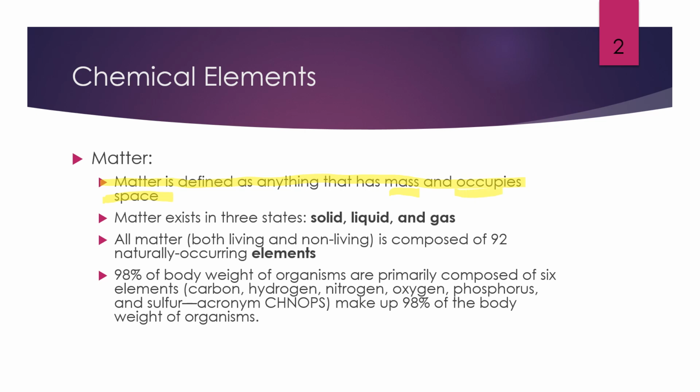All matter can exist in three different states: solid, liquid, and gas. And usually we refer mostly to the state they are at normal body temperatures or living temperatures. So for example, water is a liquid. If you heat it up and boil it, it's going to turn into a gas. And if you put it in the freezer, it's going to turn into a solid.